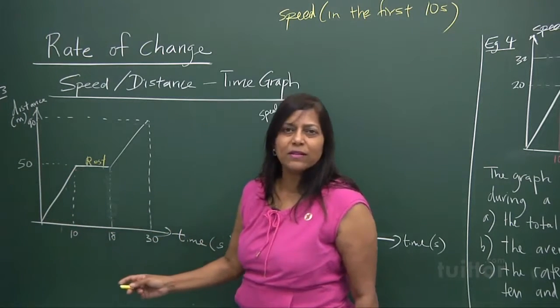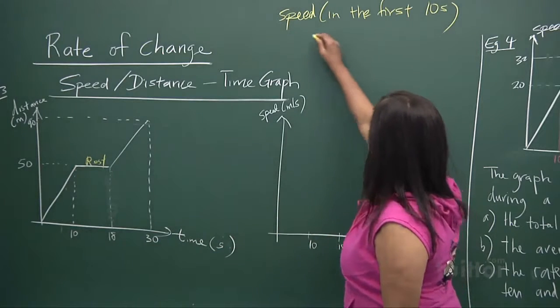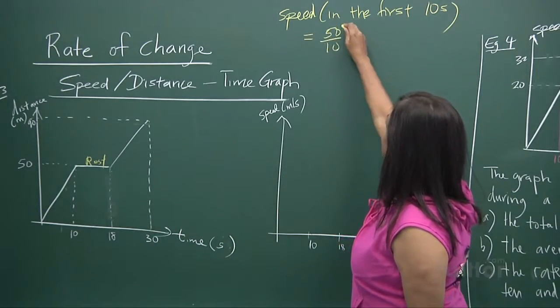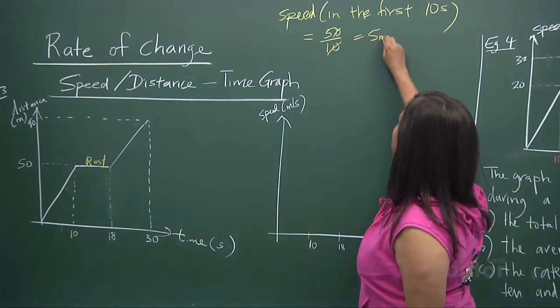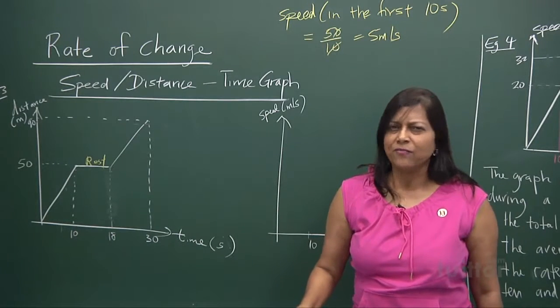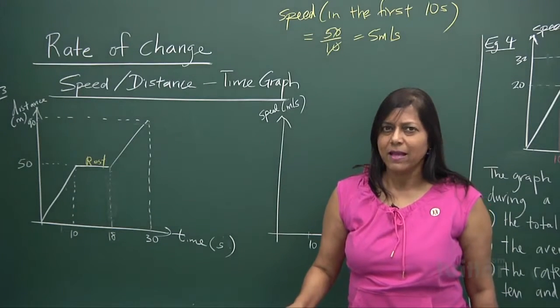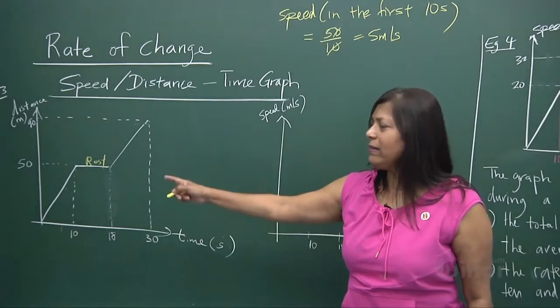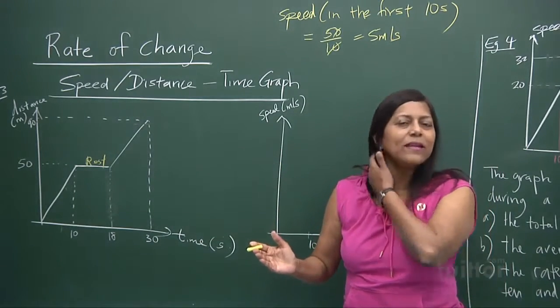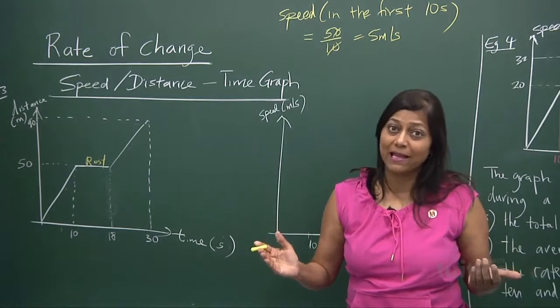The distance traveled is 50 meters in 10 seconds, and when you cancel, it's 5 meters per second. I hope you got that. For every 10 seconds, you're traveling at 5 meters per second.